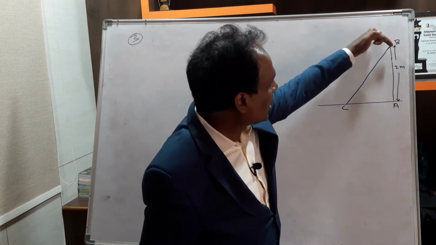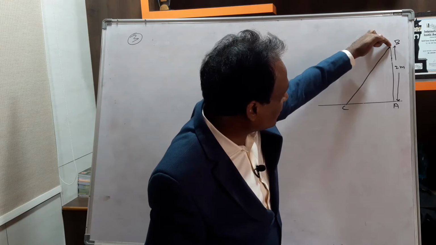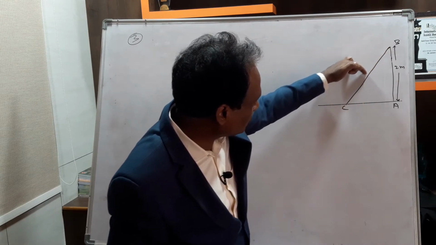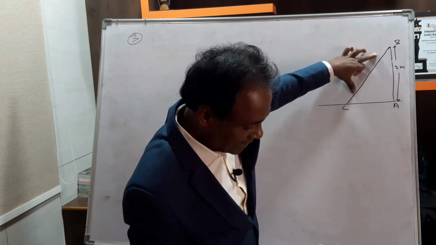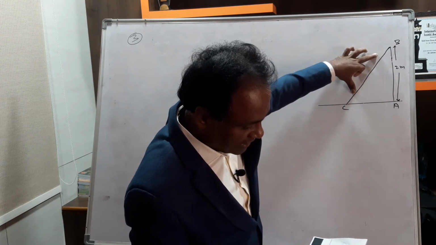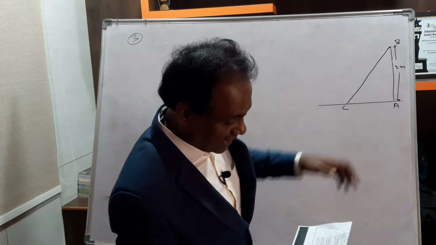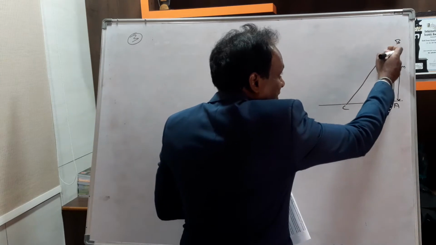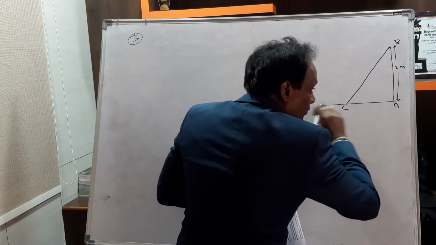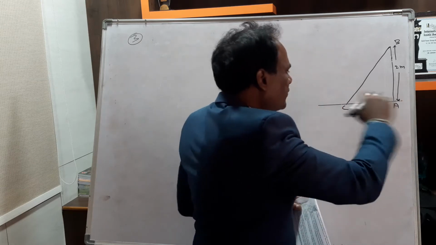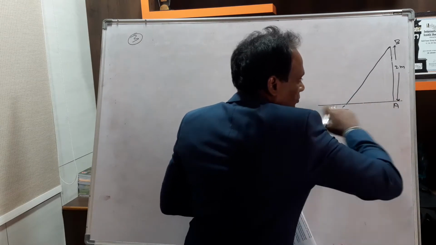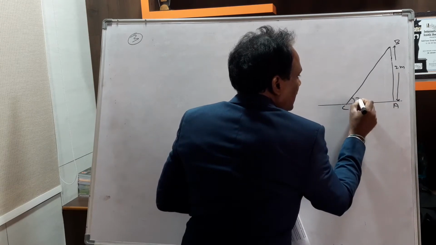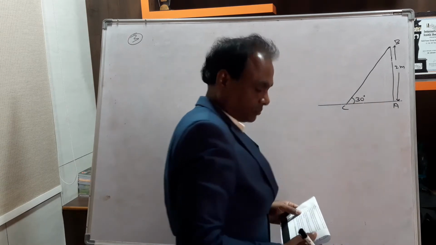So from about 2 meters, the slider starts. This is the slider, and the angle made with the ground is the angle made by the slider with the ground. Ground means always horizontal. So this angle is given as 30 degrees in the problem.